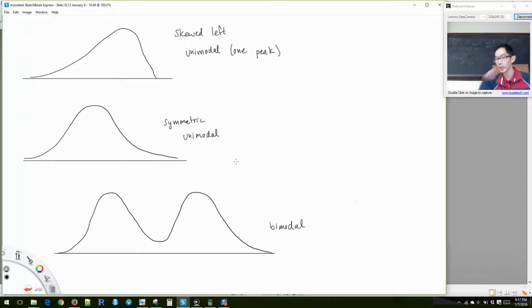We might see something bimodal for maybe testosterone levels. I don't know what testosterone levels would look like, but it would probably be bimodal in that everybody produces some testosterone in their body.